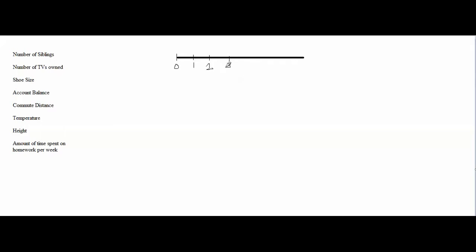So the number of siblings a person has can be a whole number, but it can't be anywhere in here. For example, a person can't have 0.5 or 0.6 siblings, and a person's number of siblings also can't be in here. It can't be 1.1 or 1.2. So we can already see that we have 2 gaps in the number line, in which we can't have any possible values.